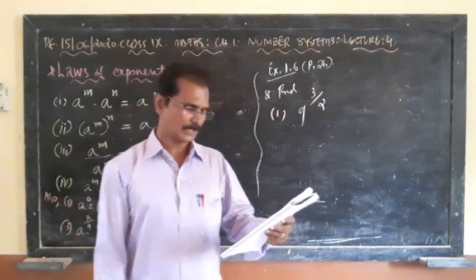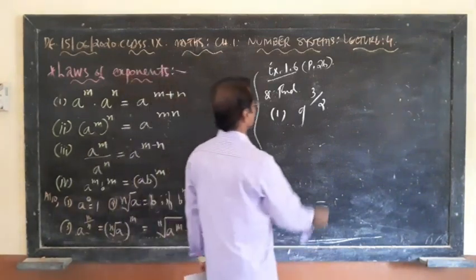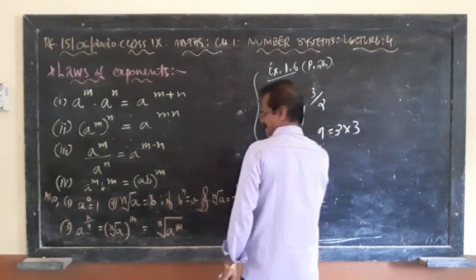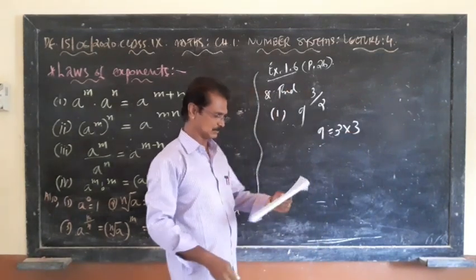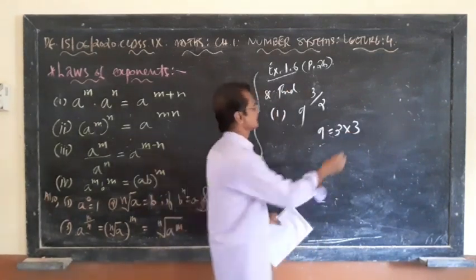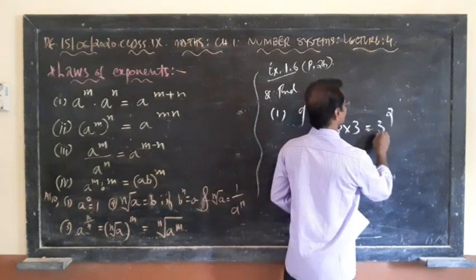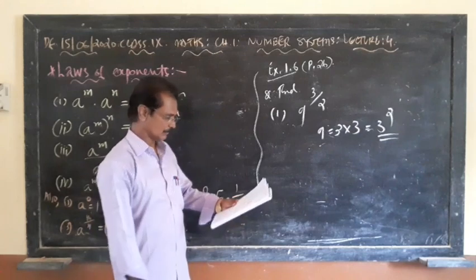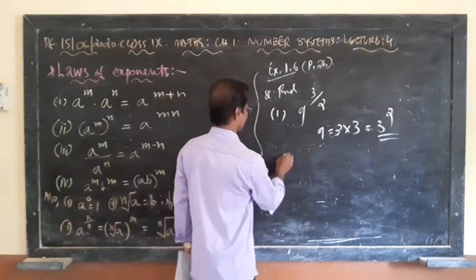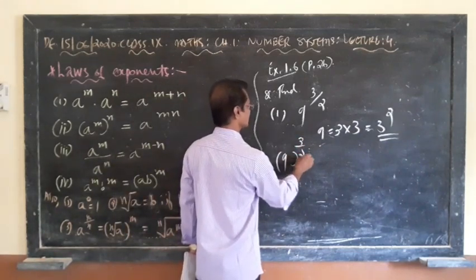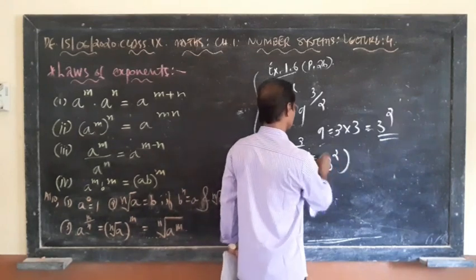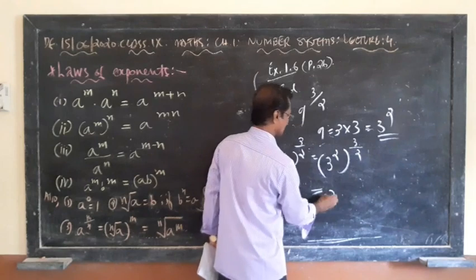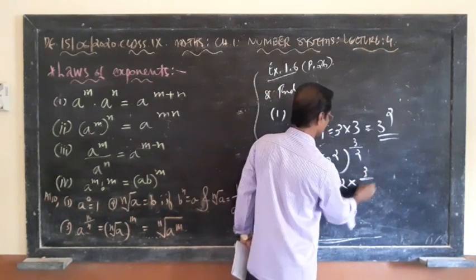We need to find out the value of 9 raised to 3 by 2. 9 you can write as 3 into 3, that is 3 squared. Now what to write? 9 raised to 3 by 2 equals 3 raised to 2, the whole raised to 3 by 2, equals 3 raised to 2 into 3 by 2.